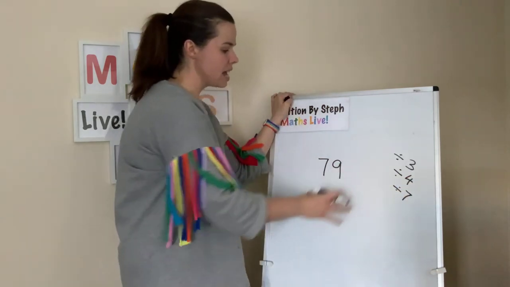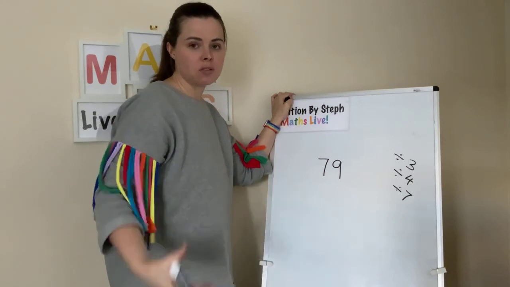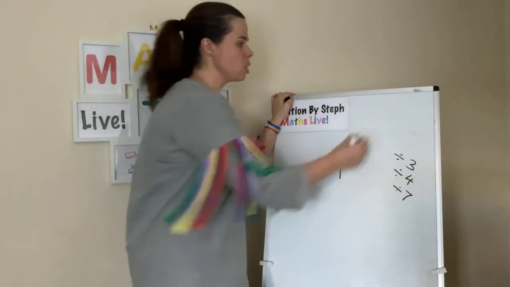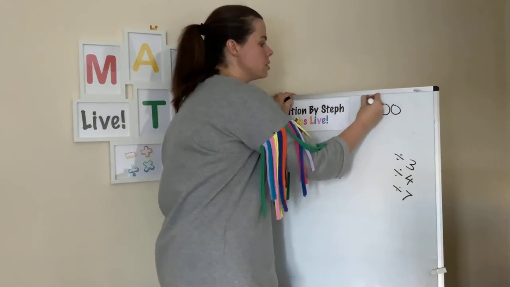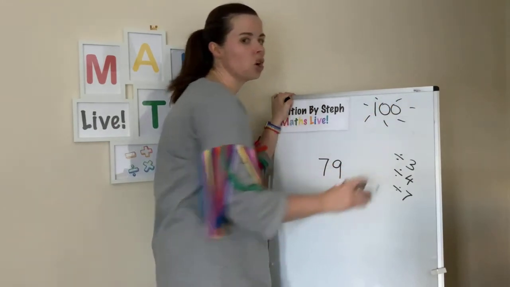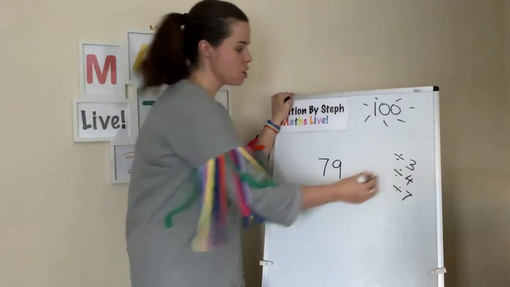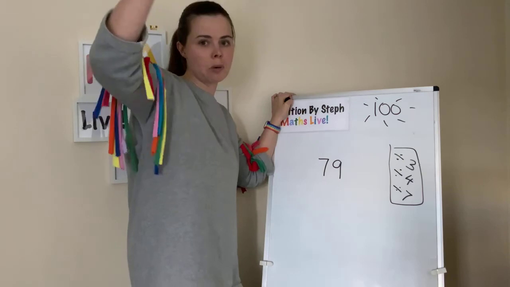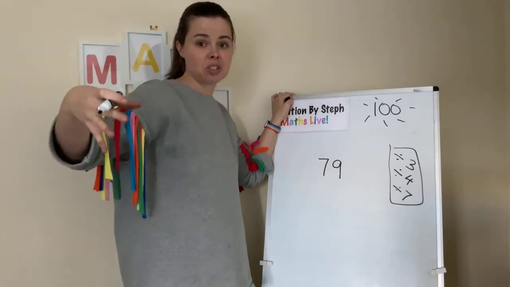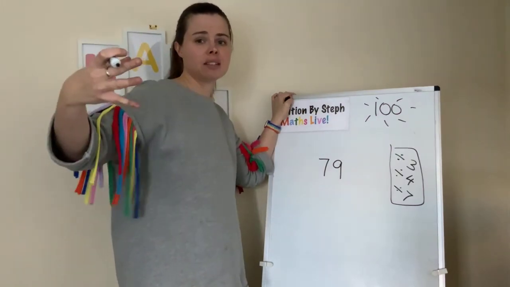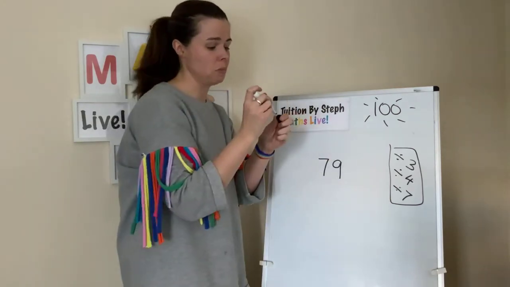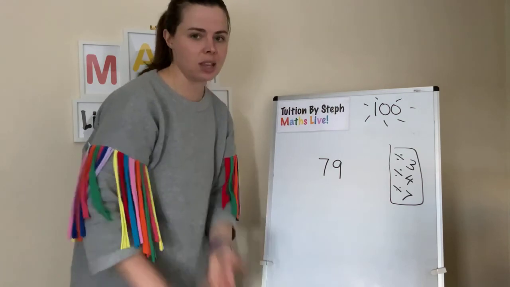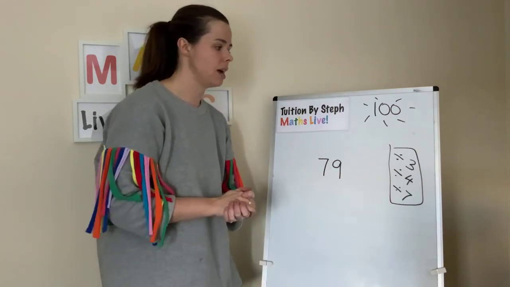And if it's in any of those times tables, it's obviously not a prime number. But I forgot to say this only applies to numbers up to 100. If you start going up more, other times tables start getting involved, the 11s, the 13s. So that rule only applies to numbers up to 100. Thank you to the parent that brought that up. I didn't clarify that in all my excitement of prime numbers from yesterday.